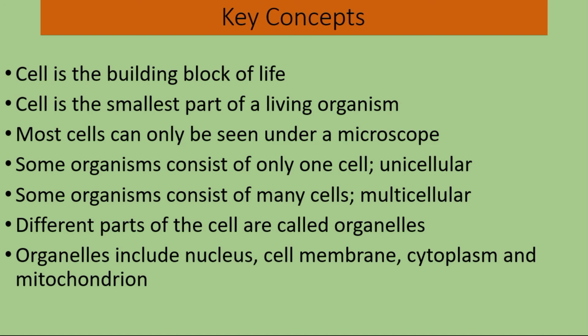Some organisms consist of only one cell and are described as being unicellular, while other organisms contain many cells and are described as being multicellular. Cells have different parts, and those parts of the cell are called the organelles. And the organelles of a cell would include the nucleus, the cell membrane, the cytoplasm, and the mitochondria.